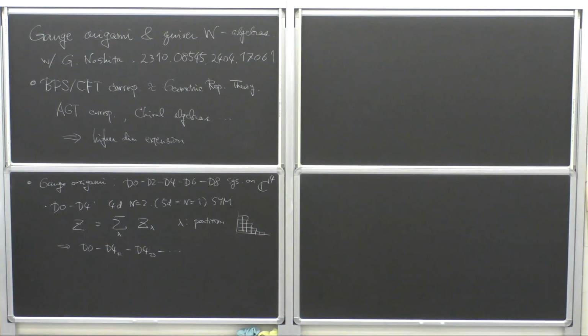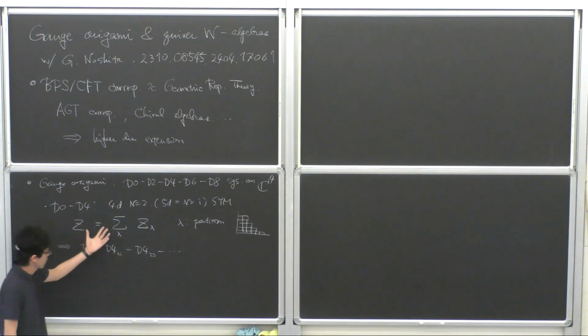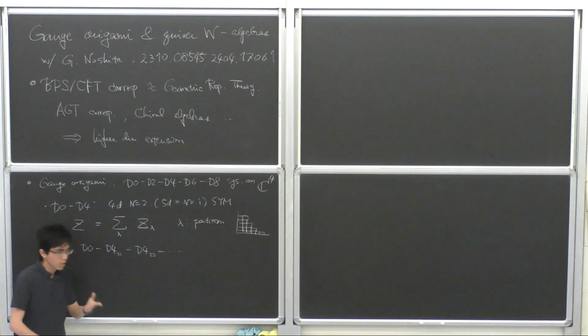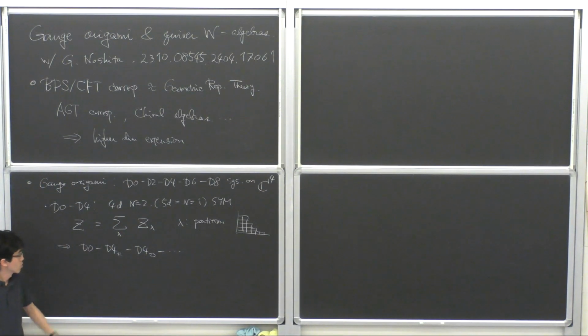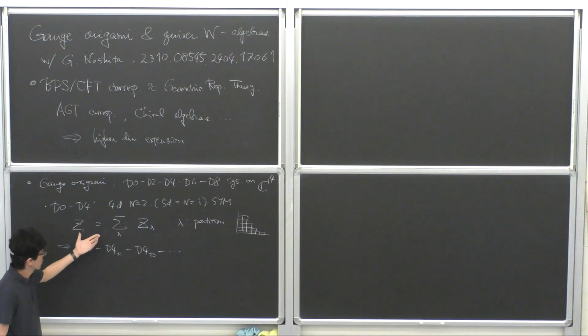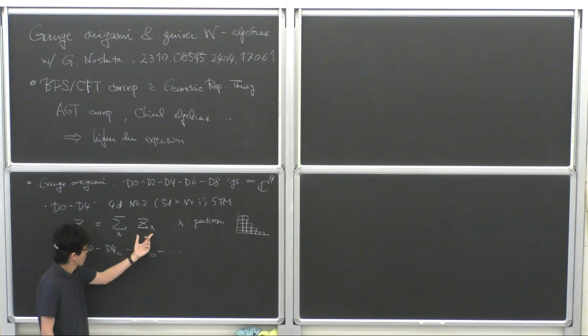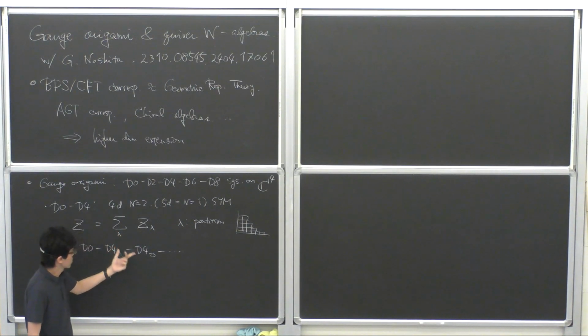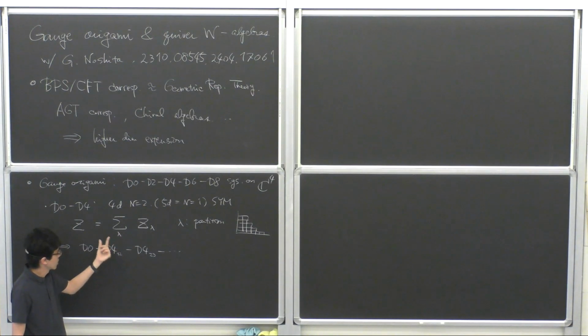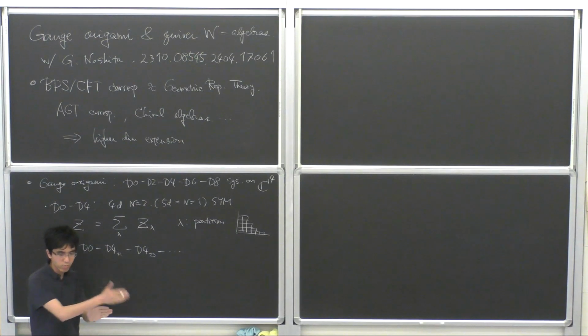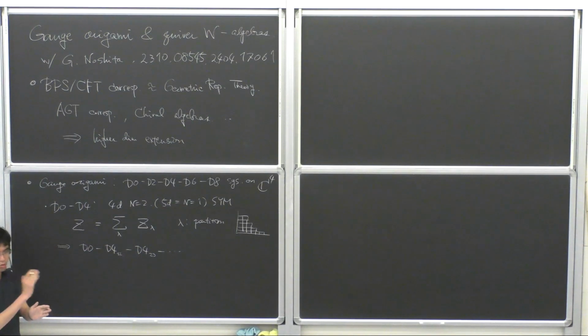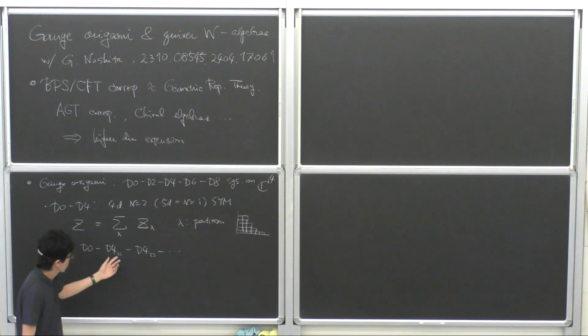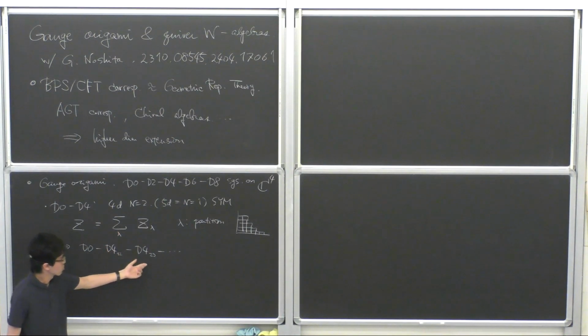But anyway, after having D4 branes extended in different dimensions, we can similarly write the partition function. For example, this lambda is now associated with the 1, 2 direction, 2, 3 direction, etc. So we can parameterize the partition function as a summation over a bunch of partitions, each partition corresponding to the configuration in the 1, 2 direction or 2, 3 direction.